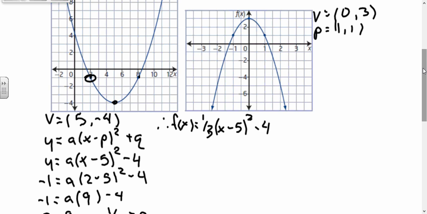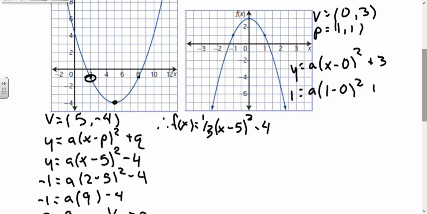Makes life really easy. So then y is equal to a(x minus 0) squared plus 3. Plug in your point now. 1 is equal to a(1 minus 0) squared plus 3. Oh, sorry, I jumped ahead there a little bit. 1 is equal to a plus 3.